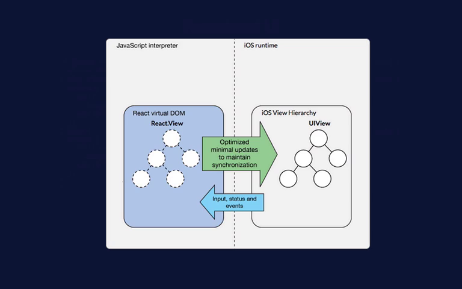Then in the iOS runtime, that React.view is mirrored by a UIView. So those arrows say the exact same thing. And it's actually the same React JavaScript for the most part running inside of JavaScript core. There are just a few plugins to make it behave slightly differently, to know that it's running inside of an iOS environment and properly update things accordingly.